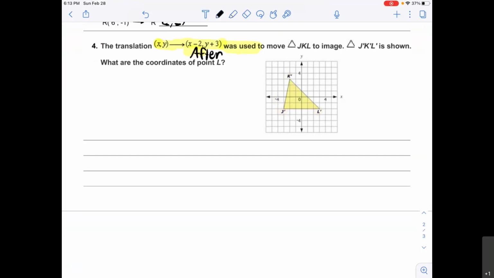So we want to go backwards and find out what the point L was before this happened. So right now, if I look at L prime, I see that it is right here at 3, -2.